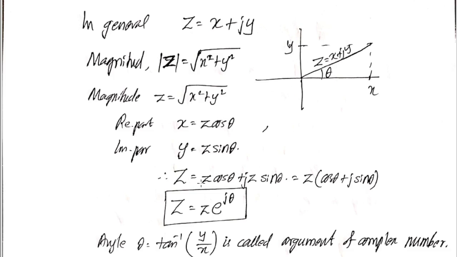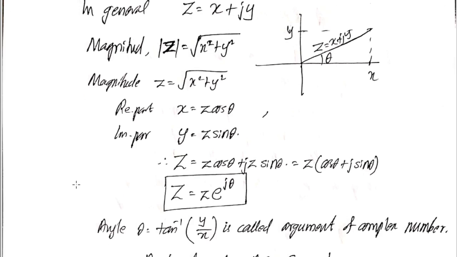So the complex number Z is equal to z cos theta plus j z sin theta, because this is the quantity x plus jy. Small z represents the magnitude of that complex number. Small z into cos theta plus j sin theta, that is capital Z, the complex number, is equal to small z, the magnitude of the complex number, into e raised to j theta.